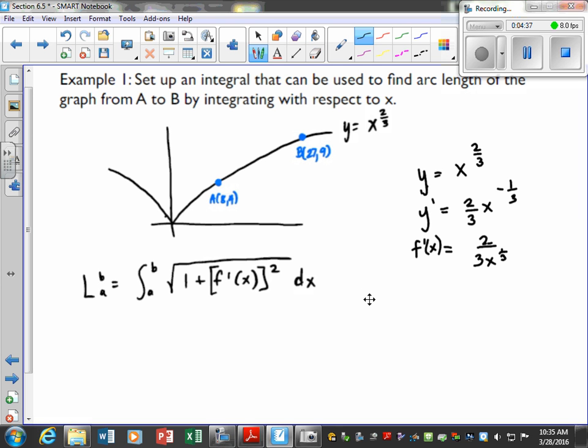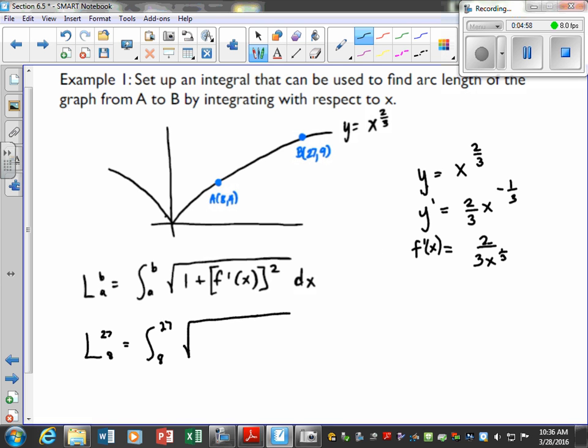Now let's put this in. Our first thing is just to set it up. This would be the length of, what's our a value? 8, because remember we're integrating with respect to x, so we want to use the x values. So a is 8, and then b is 27. It would look like this: the integral from 8 to 27.